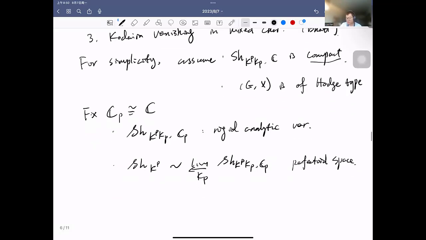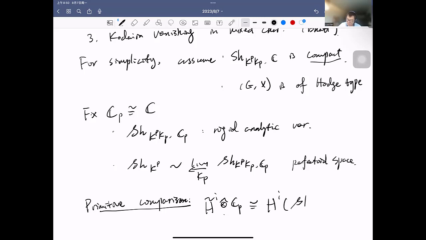So the primitive comparison just tells you that the completed cohomology, when you take the completed tensor product with C_p, is naturally isomorphic to the coherent cohomology on this infinite level Shimura variety.